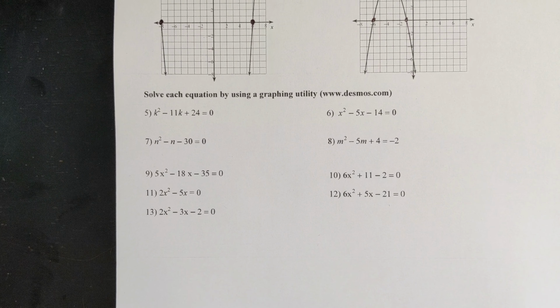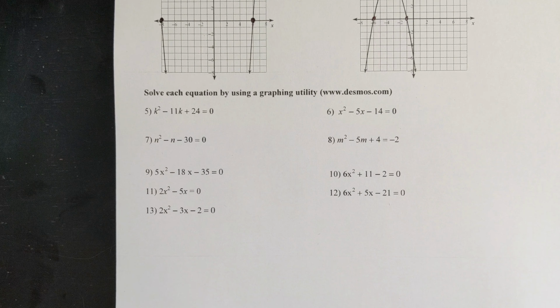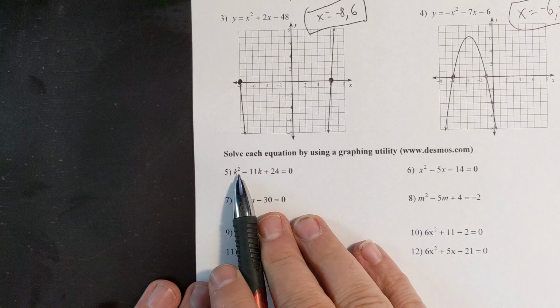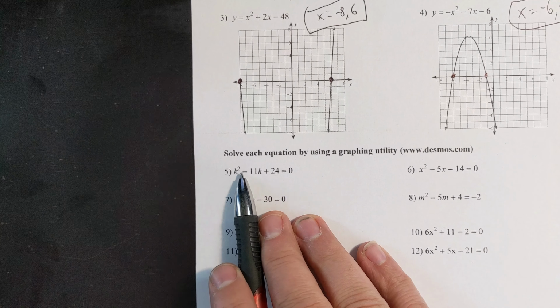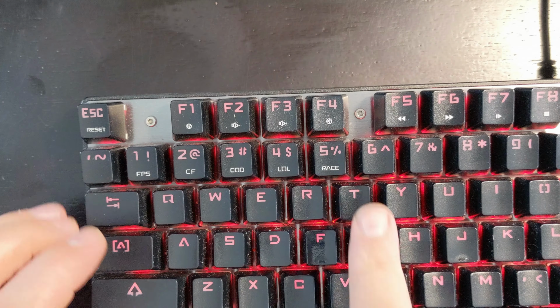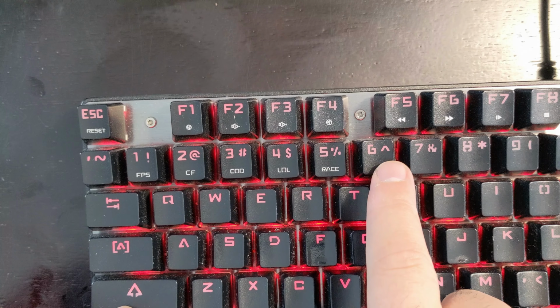Some things you need to know about Desmos. If you want to use exponents, like right here, there's this little squared that's a 2 in the exponent. To do that on your keyboard, you're going to want to use that little up arrow right there.